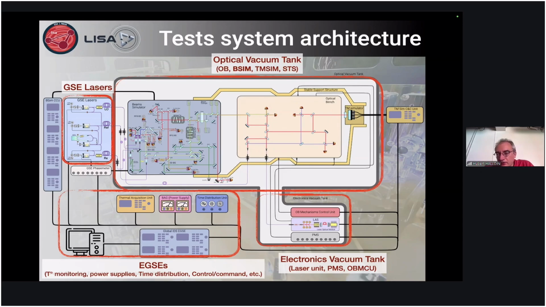So basically, in order to test this LISA equipments, we will need a lot of other GSEs to represent and to check the environment and to stimulate the optical bench.